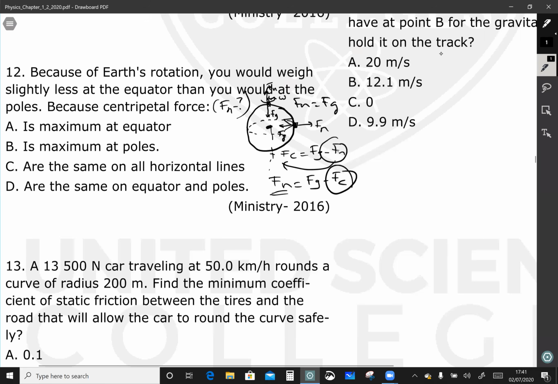As radius increases, centripetal force increases. Remember the centripetal force equation, Fc is equal to m r omega squared. For a rigid object, omega is the same for every point, but at the equator R is maximum, so centripetal force is maximum. Maximum centripetal force causes Fn to be measured as minimum. So centripetal force is maximum at the equator. A is the answer.